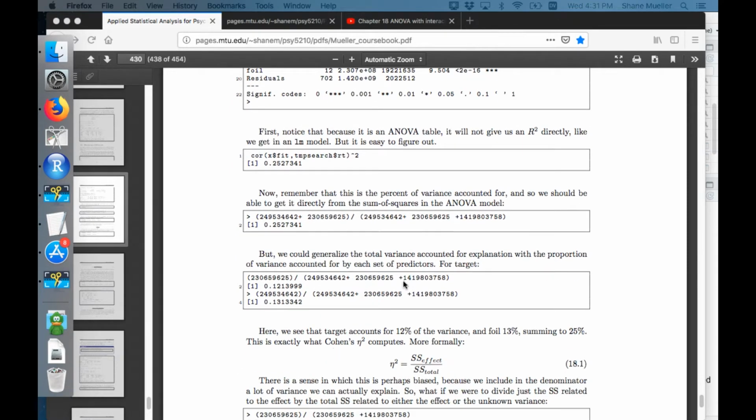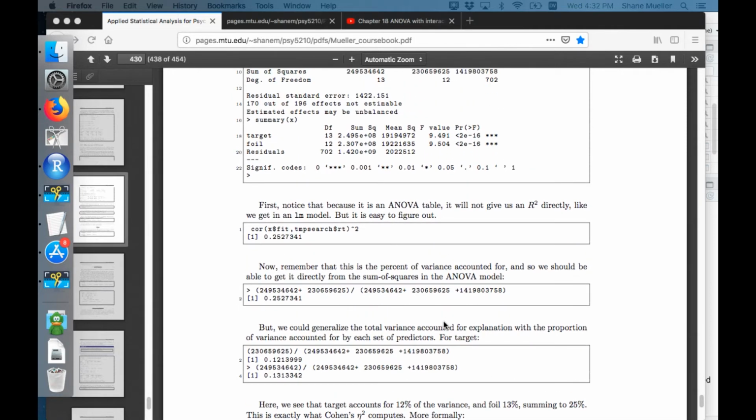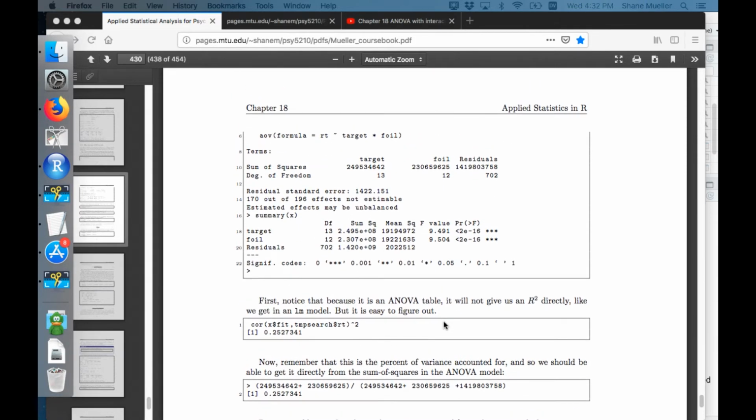So this way of finding an effect size is called eta squared. Cohen's eta squared computes this. It looks at the sum of the effect over the sum total. That's a really common effect size to compute, and you can do it by hand. There's a couple dozen online calculators that will let you put these numbers in and it'll calculate it for you.